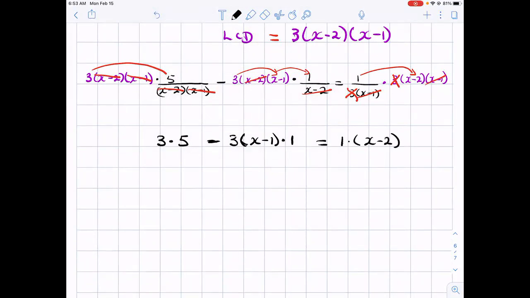If we now multiply, we have 3 times 5, that's 15, minus 3 times x minus 1.